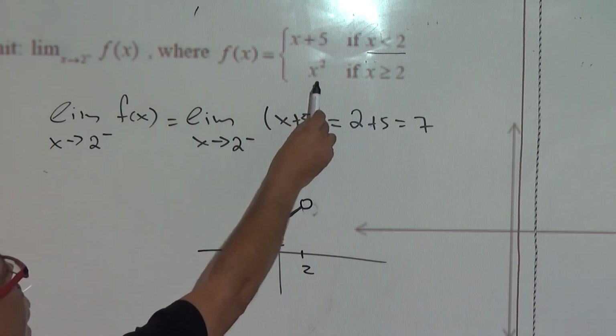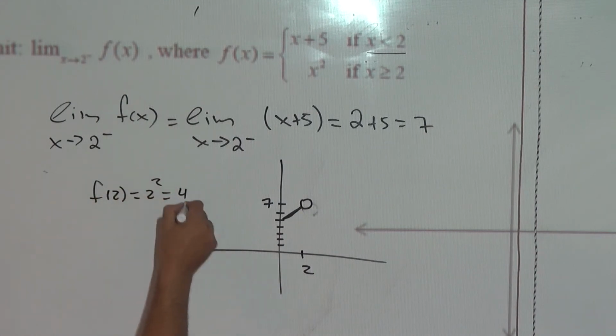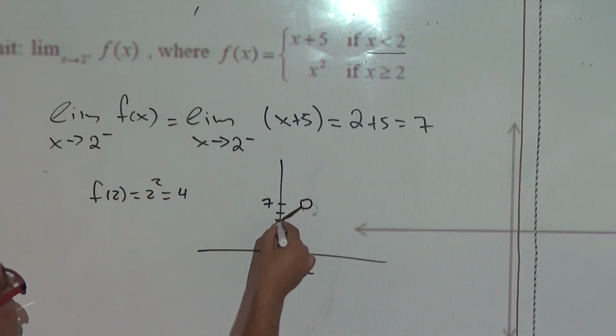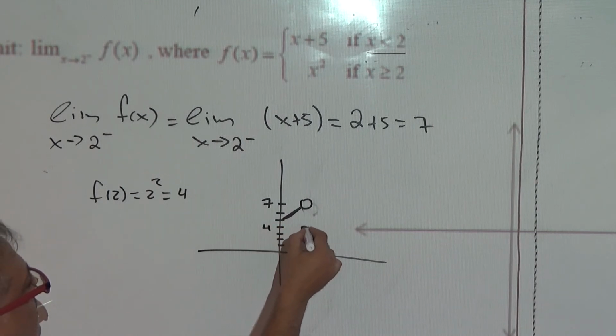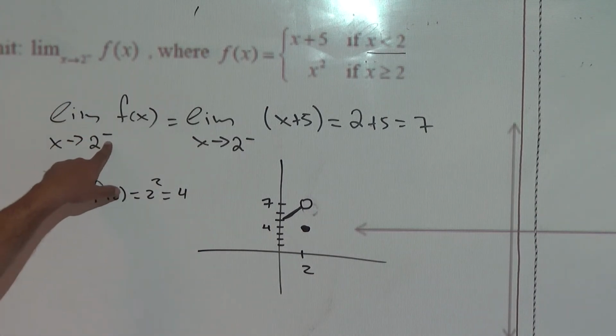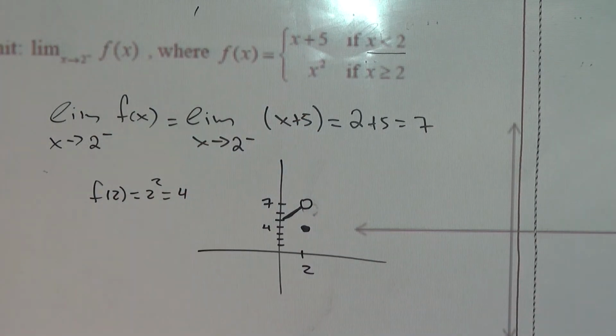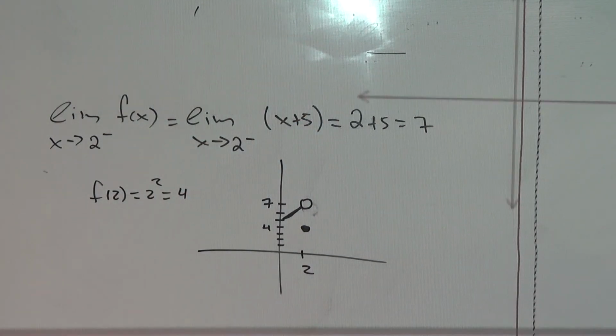At 2 I take the other function, the x squared. F of 2 is 2 squared, which is 4. So 7, 6, 5, 4. I have a hole here. And this is the graph, the limit. So in piecewise, we're careful, if it's a side limit, which part to use. Let's look at the continuity also.